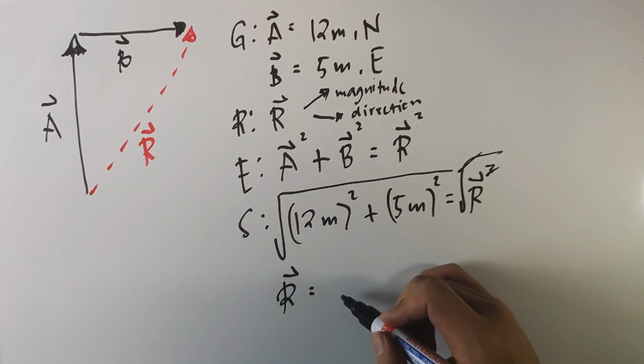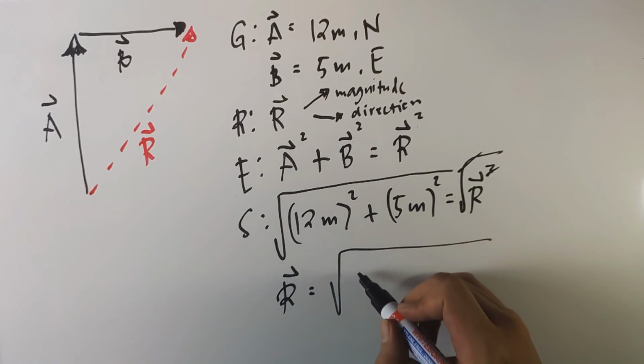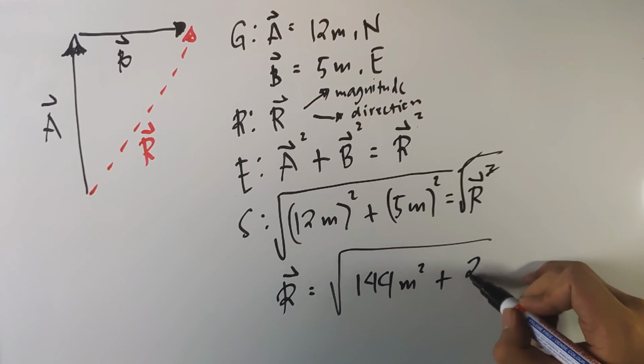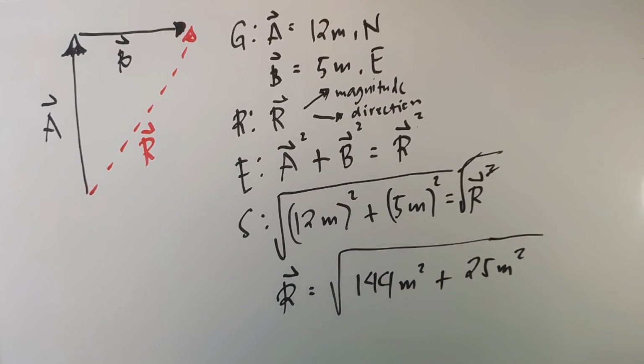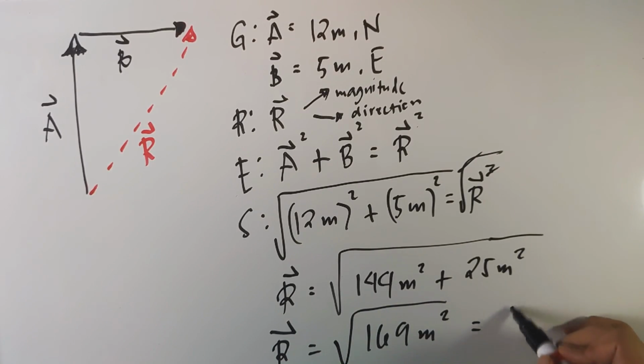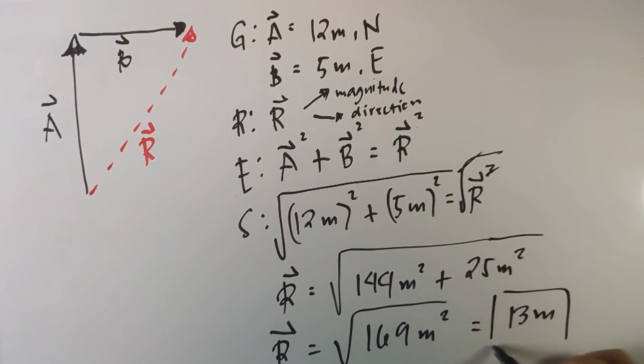So let's say you write this as the square root of 144 meters squared plus 25 meters squared, correct? That would be 169 meters squared, which is 13. So that's our answer. This is the magnitude part.